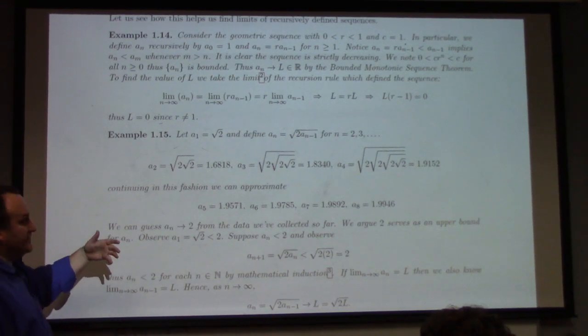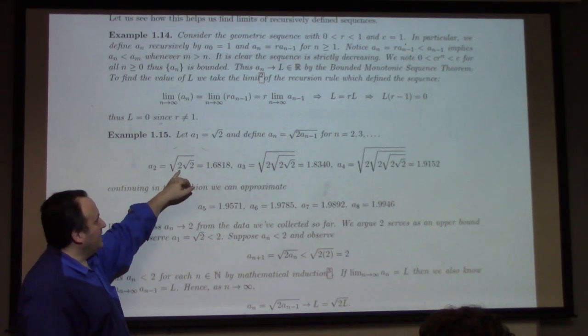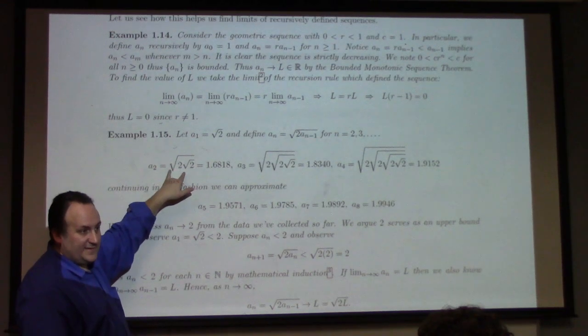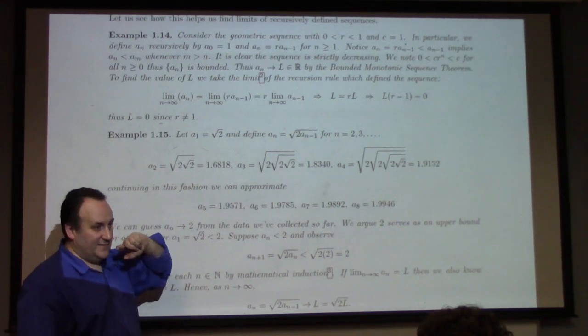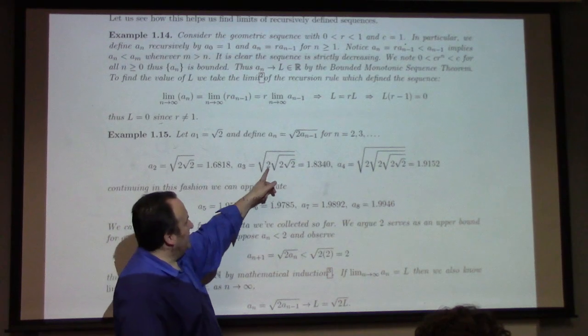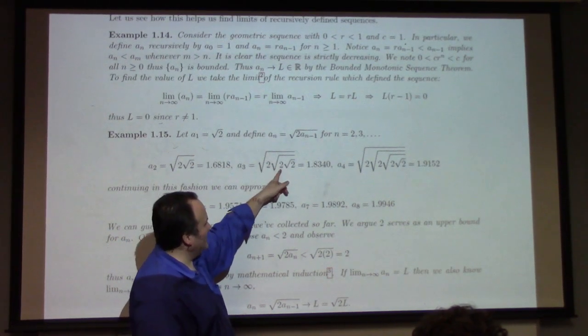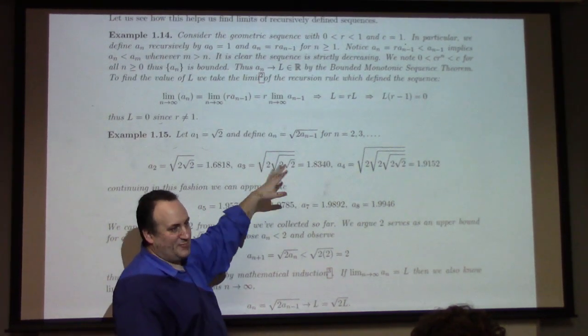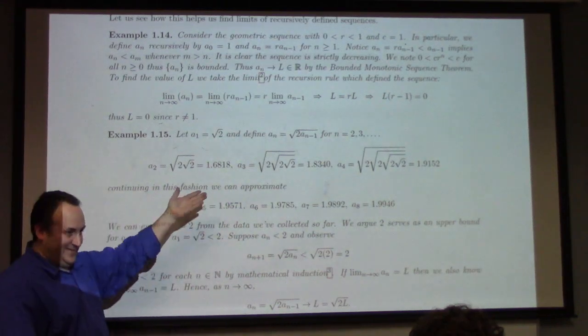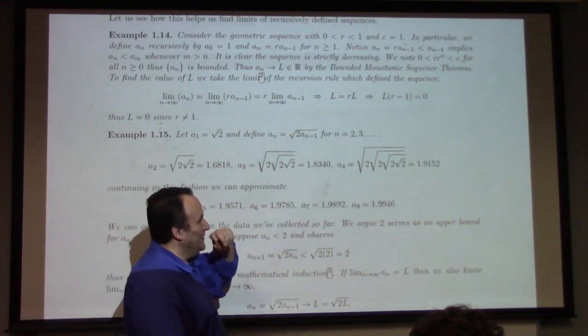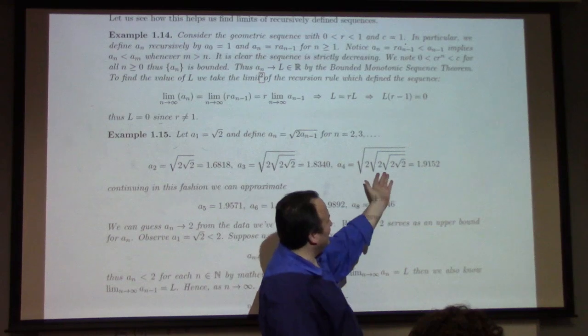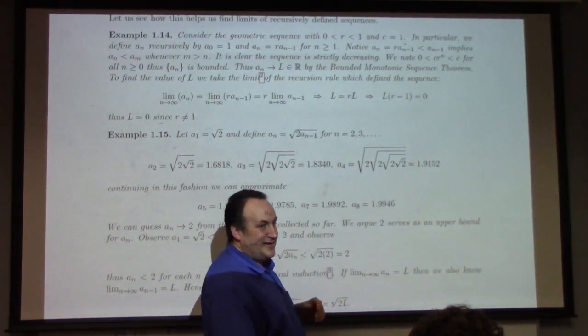Here's the first couple things. A sub 2 would be the square root of 2 times the square root of 2, right? That works out to 1.68. And then the square root of 2 times the square root of 2 times the square root of 2. I can't even put it in English, right? That works out to 1.83. And then a4, 1.91, right?